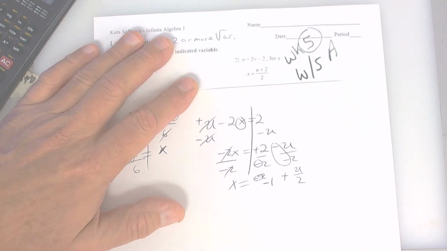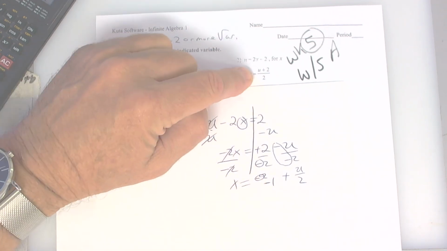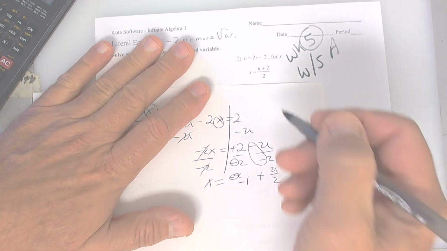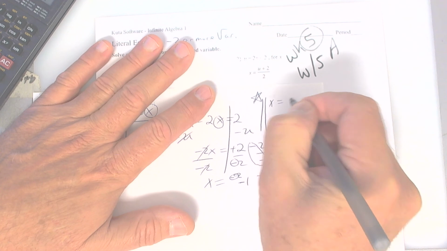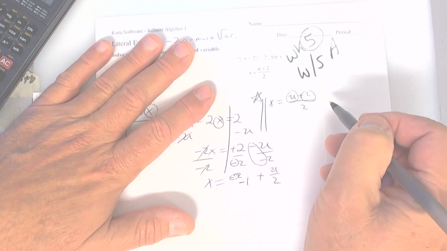Now, something is a little different here. Let me think about this. All right, even though I have something different than they do, you can write their answer like this. So watch. I want you to know this too. Put a star by this. Everything has a star, right? So u plus 2 over 2. Both of these are divided by 2.